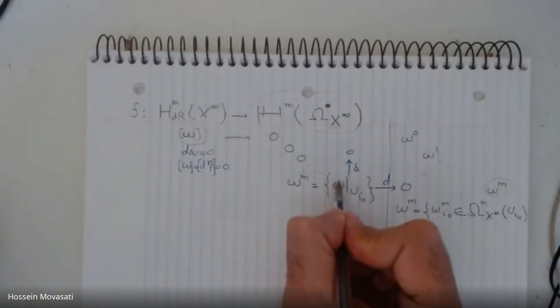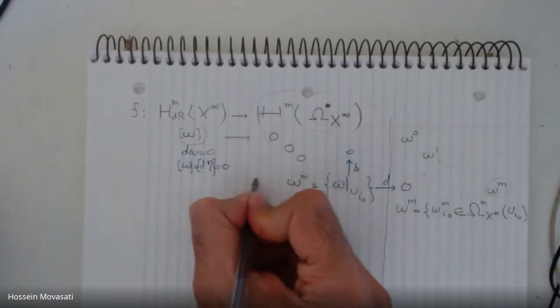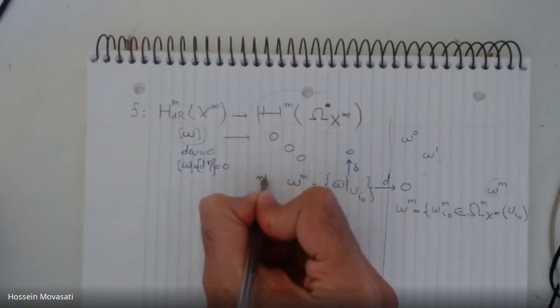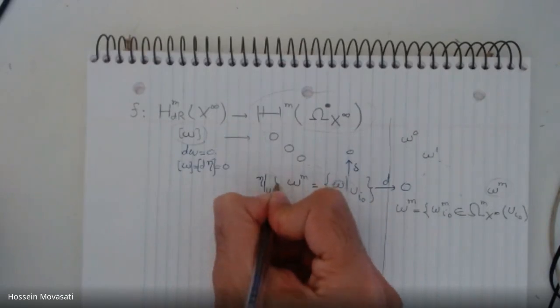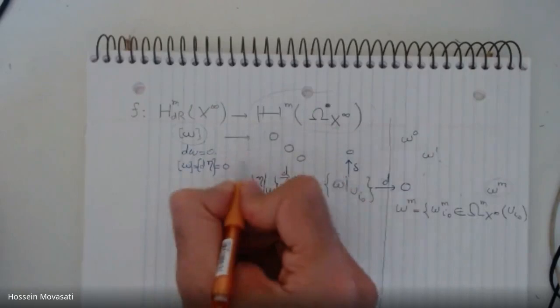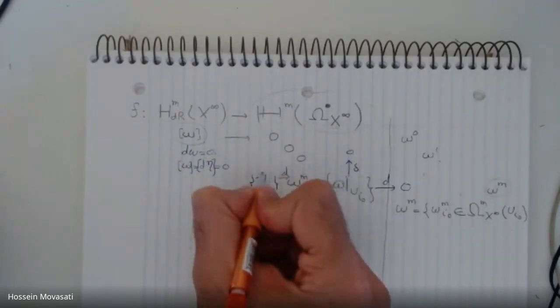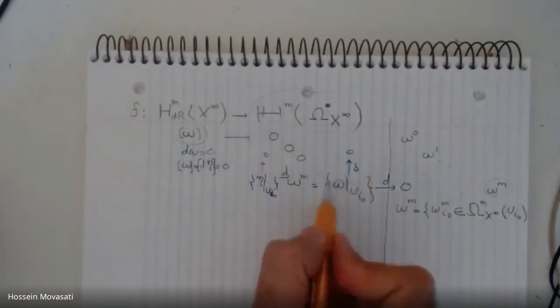If it is d eta, this means that at the end you can define this guy here, eta restricted to U_i0, and of course d goes to here, and then you have to show that its delta is 0, and its delta is 0 because again delta is a global differential form. Anyway, the map that we define here is well defined, but we have to show that it's an isomorphism.